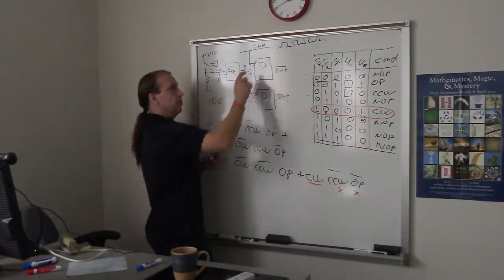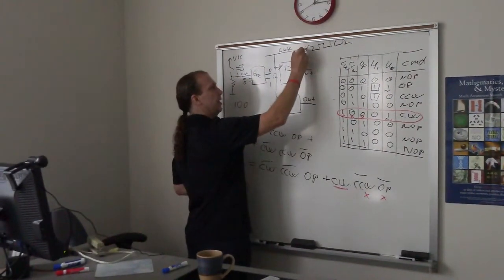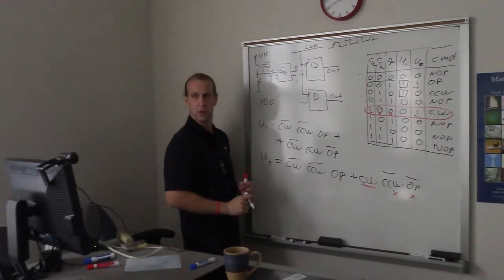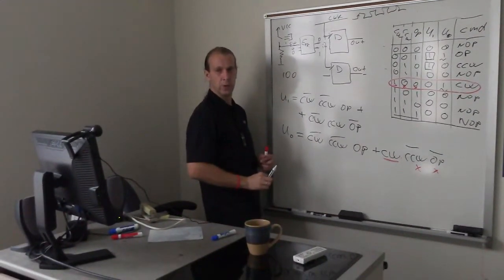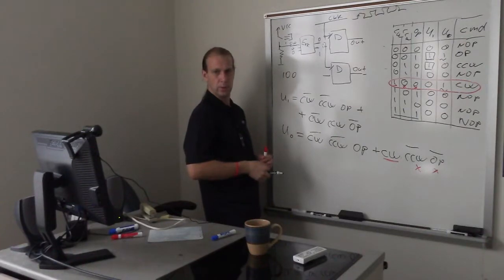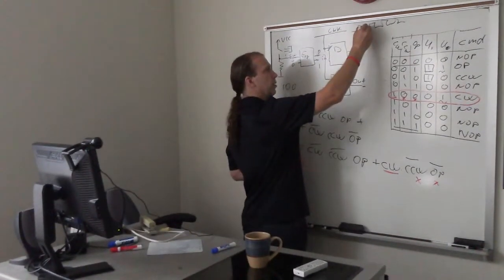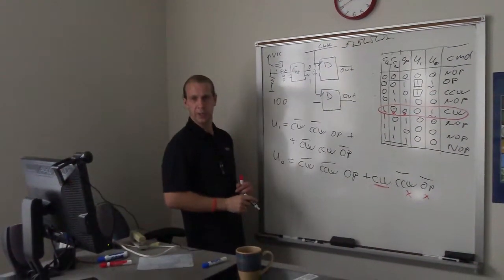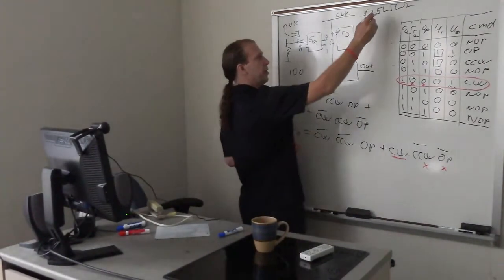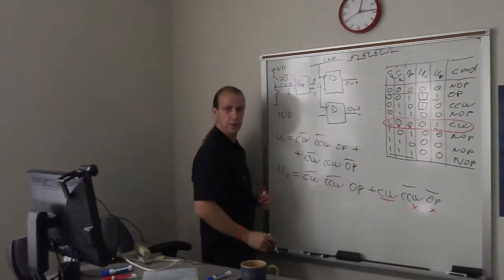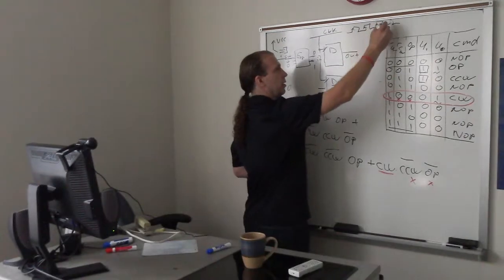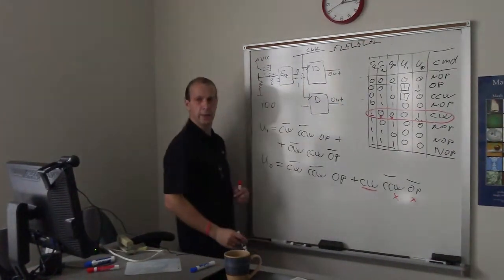With the very first rising edge of the clock signal, the state will change to B. With the next one, the state will change to C. Here, the state will change to D. And here it will change to A again.